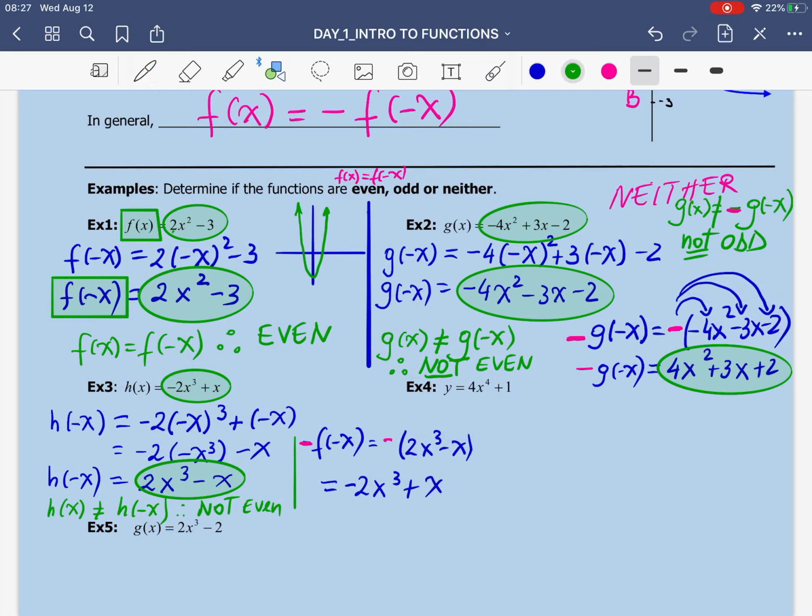So now we have to compare the two expressions that represent each function, and it seems that negative 2x cubed plus x, which we just got here, is the same as the given function, and that tells us that h of x is the same as h of, I made the classic mistake here, sorry about that.